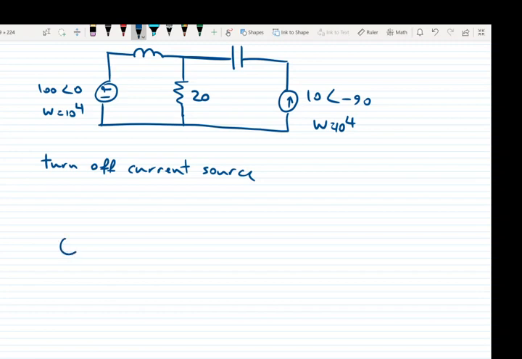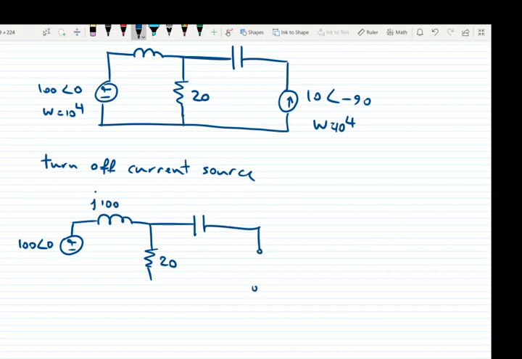First, let's turn off the current source. The circuit will be in this form: 100 with the angle of 0, j10, 20, and we want to find IL.